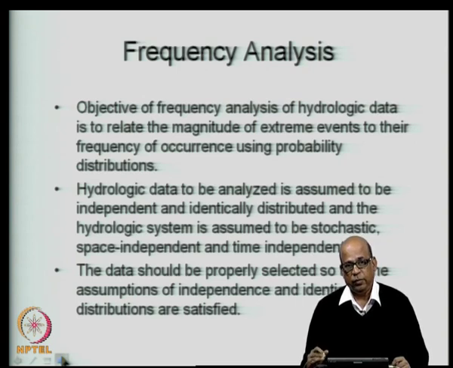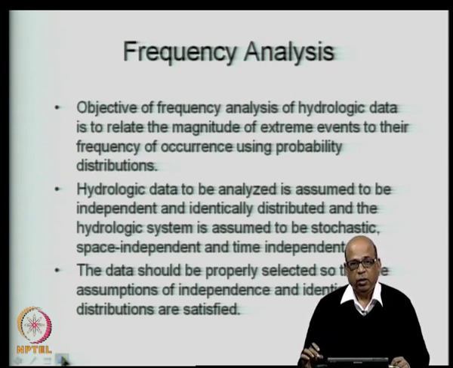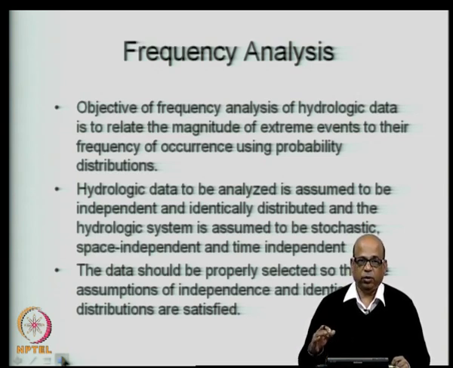So, in that sense, identical distribution would mean time homogeneity. That means you have a time series and this should be homogeneous in time. Contrast this with space homogeneity, which we will talk about in regional frequency analysis. We are not interested in space homogeneity as far as frequency analysis of at-site data is concerned. We are talking about time homogeneity.